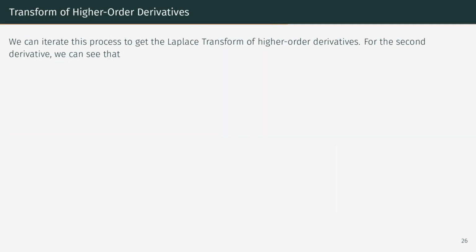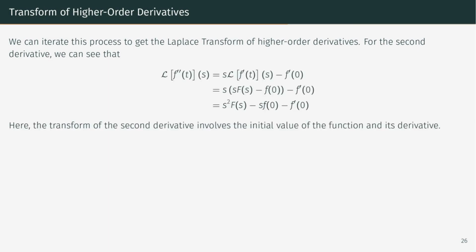We can iterate this process to get the Laplace transform of higher order derivatives. For the second derivative, we can see that the Laplace transform of the second derivative of f of t equals s times the Laplace transform of f prime of t minus f prime of 0.